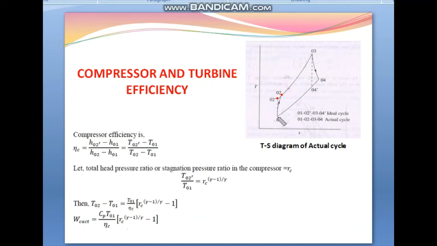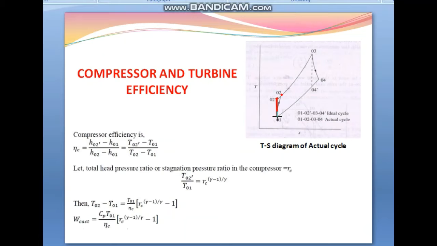The line 1 to 2 dash is the isentropic process, that is a reversible adiabatic process, and 1 to 2 is an irreversible adiabatic process. The straight line 1 to 2 dash is at constant entropy.